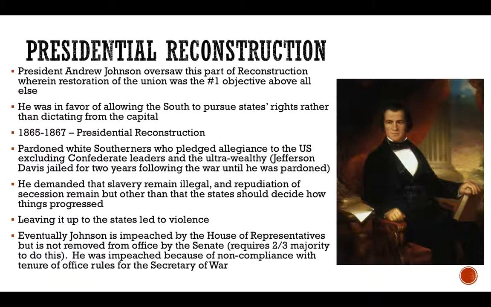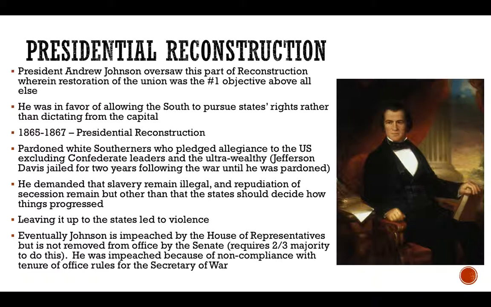So he thought that many of the legal constructs could be decided at the state level rather than at the federal level, even if slavery had to remain illegal. So this is the 2-year period from 1865 to 1867 that Andrew Johnson is covering for this presidential Reconstruction.